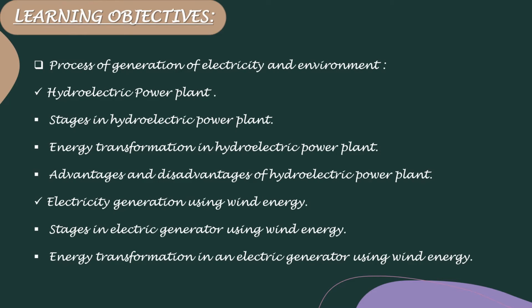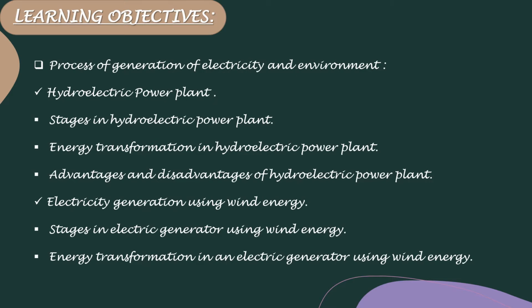Now first let us see what are the learning objectives. So in today's module, you all will be learning about the process of generation of electricity and environment. Under process of generation of electricity and environment, we will be understanding about hydroelectric power plant. In hydroelectric power plant, we will be studying the stages in hydroelectric power plant.